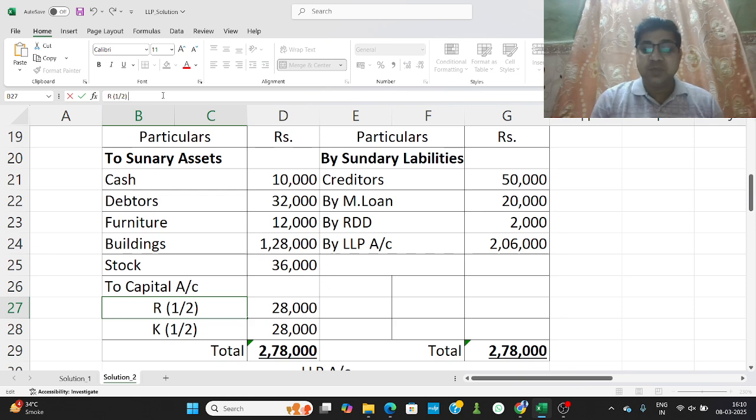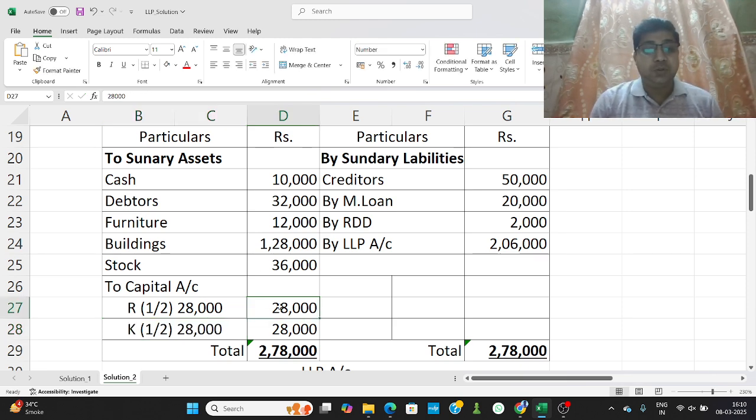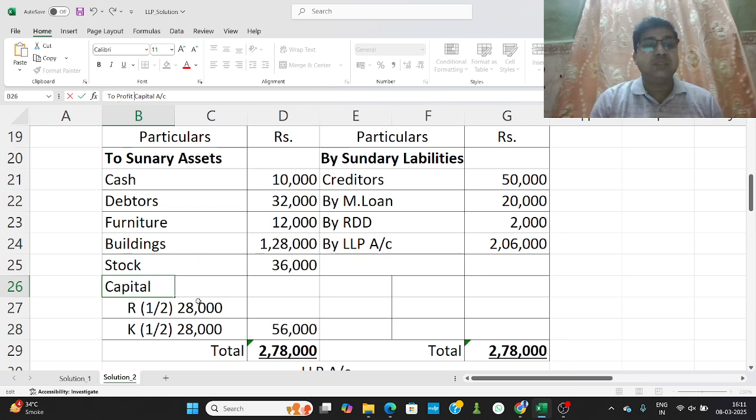The total value of profit is 56,000, transferred to the partners' capital account. Their profit sharing ratio is equal. That's why we transfer 28,000 to R and 28,000 to K.